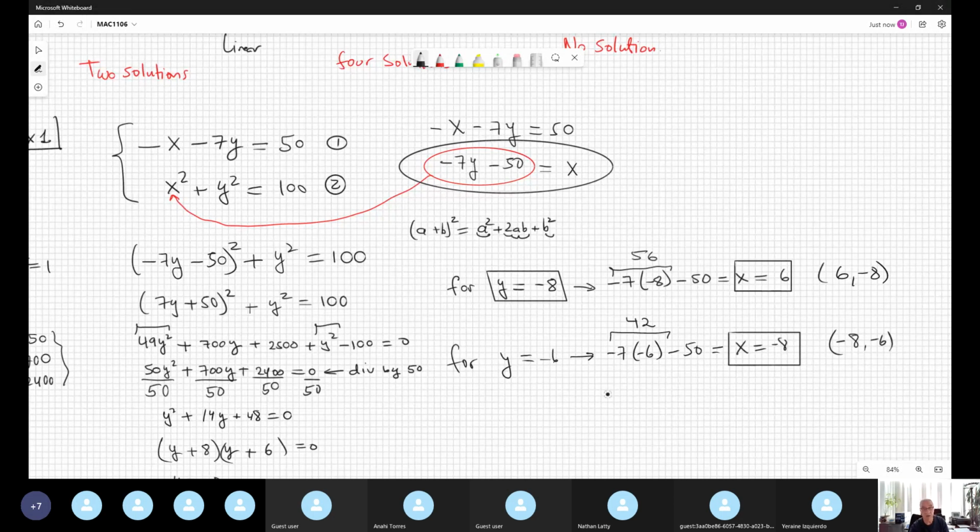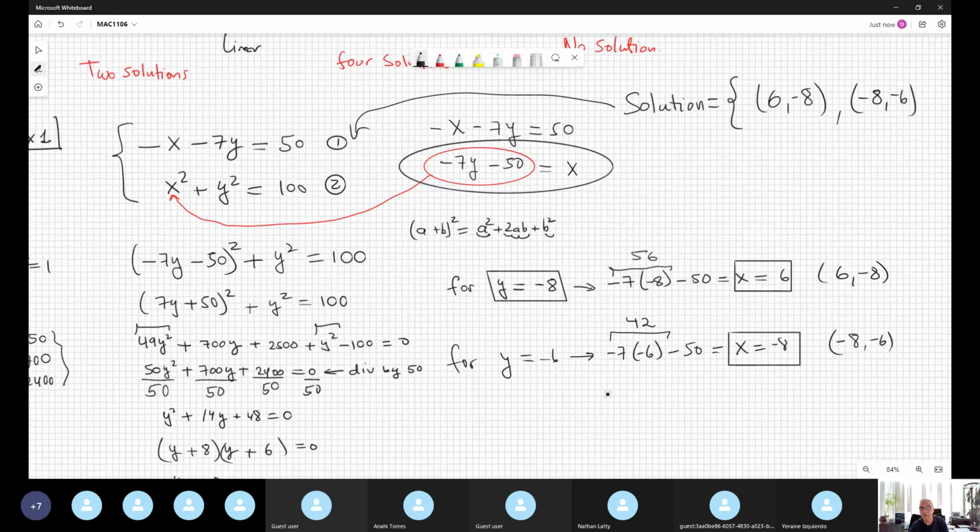And this is my final answer. My final answer, the solution for this nonlinear system, is the two points: 6, negative 8 and minus 8, minus 6.